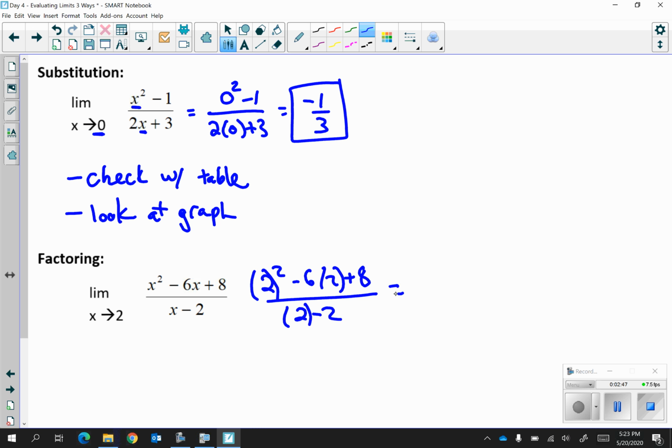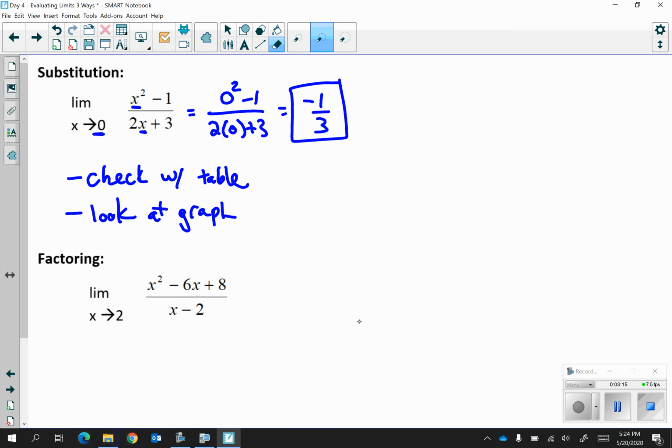So up top, you're going to get 0, and on the bottom, you're going to get 0. Now, 0 divided by 0 is not 0. You can't divide a number by 0. It does not work like that. So the main thing is that this doesn't work because you get a 0 in the denominator, and that is not good.